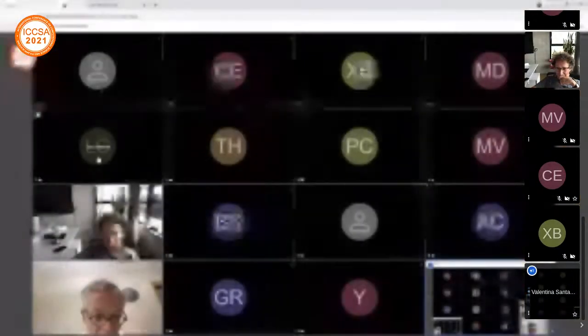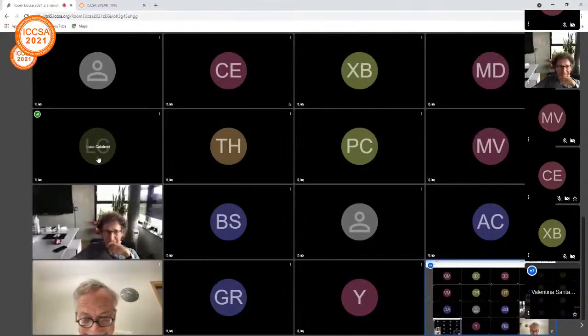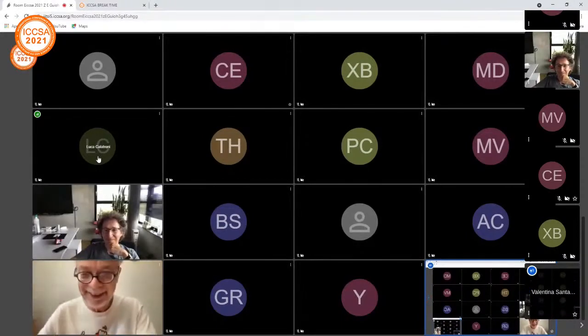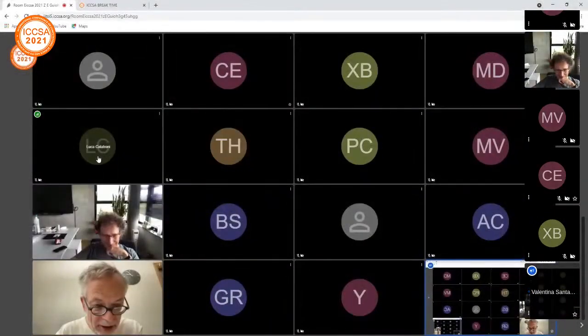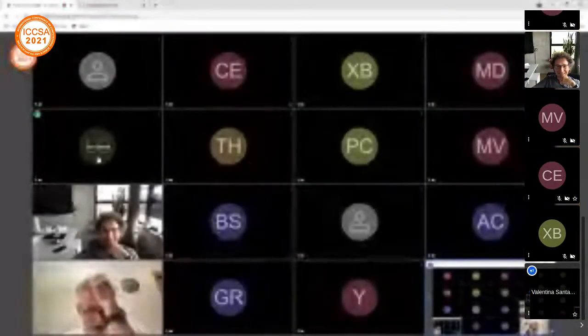Yes, next step is Lothar's screen. I click on share screen and it doesn't do anything. I had problems logging in eventually, but that was solved. Okay, don't worry.